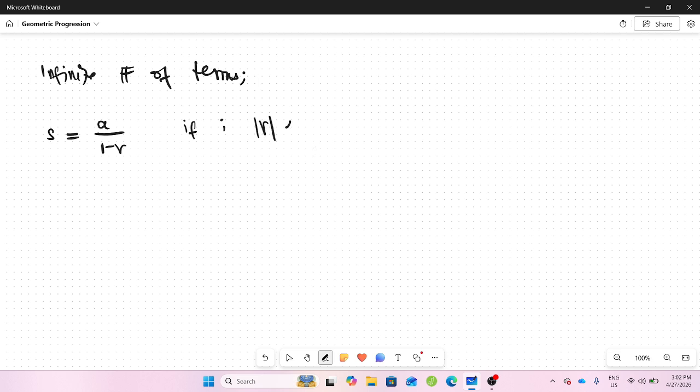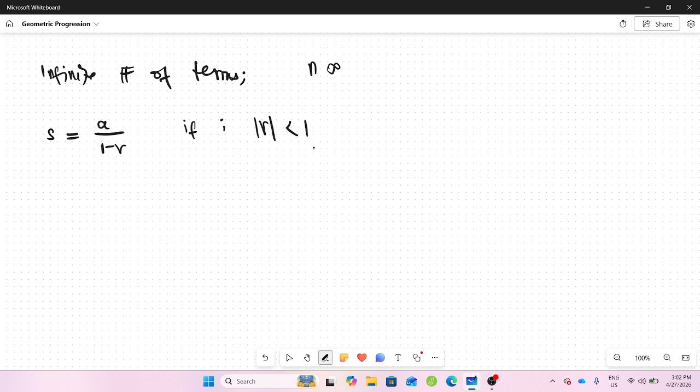I want to highlight here about an infinite number of terms. Our sum of the terms becomes a over 1 minus r, and this is used if the ratio is less than 1. So if we have an infinite number of terms, our n here is infinite.